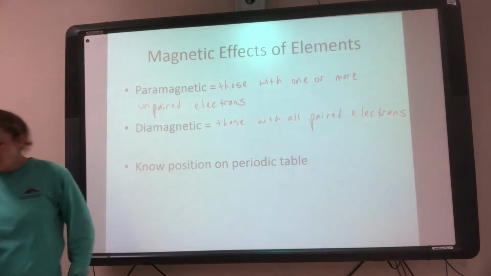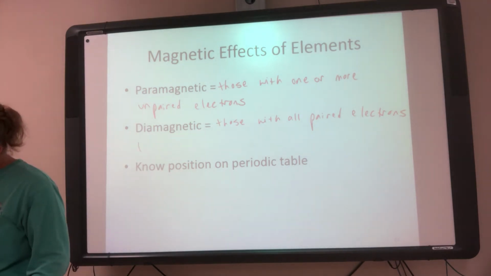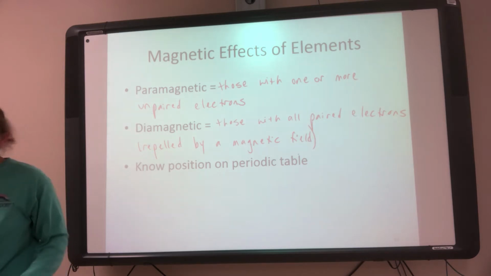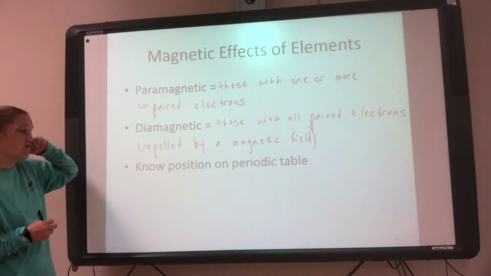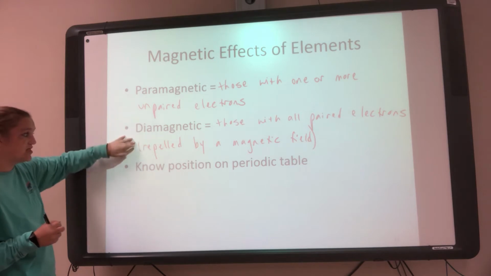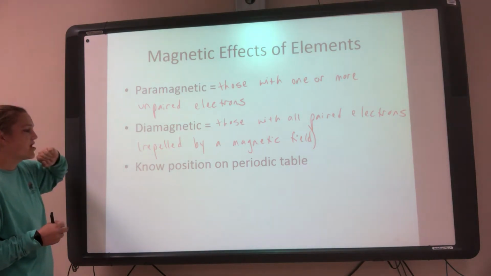Those that are diamagnetic will be repelled by a magnetic field. So they're going to behave much differently than a paramagnetic, which is not affected by a magnetic field, where these guys are going to be repelled by a magnetic field.